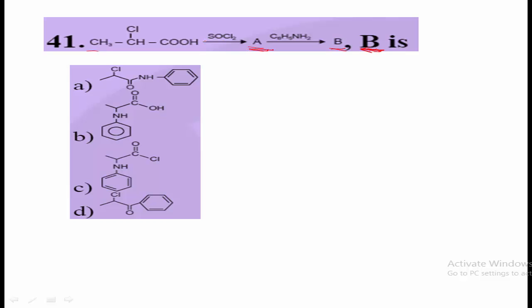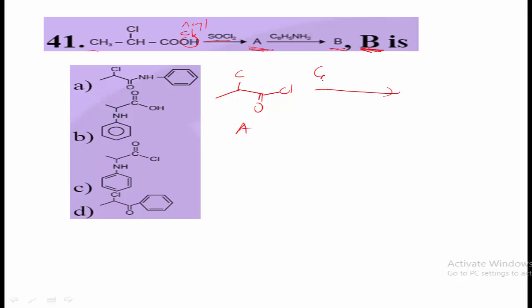Now when it is treated with thionyl chloride, the OH group is replaced by Cl and it becomes COCl. That is an acyl group. Therefore, the product obtained will be the acyl chloride. This is the product A.